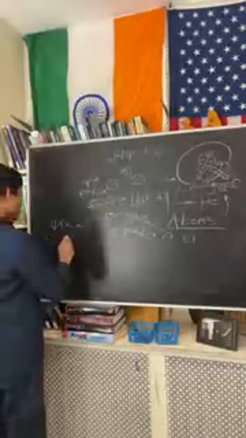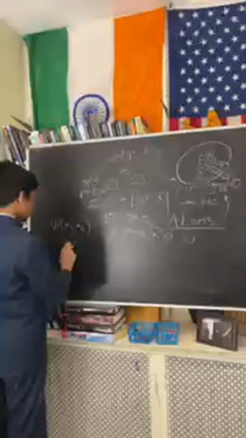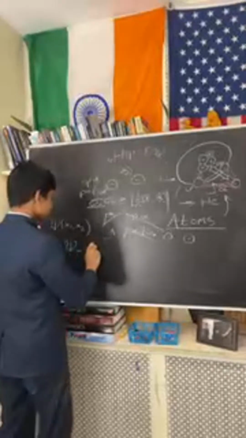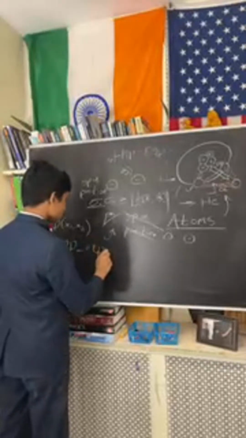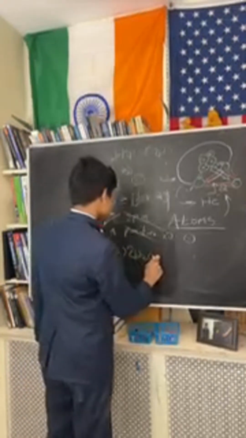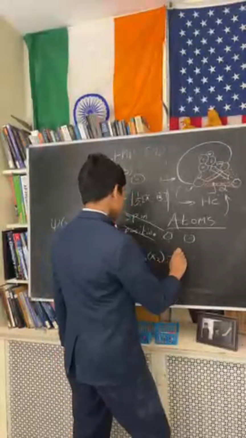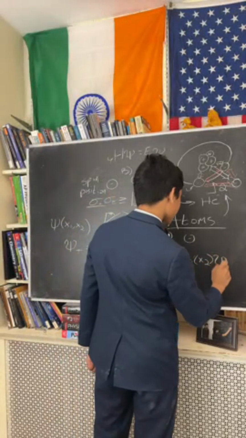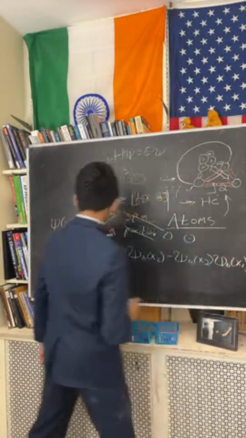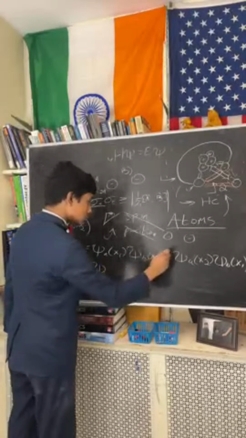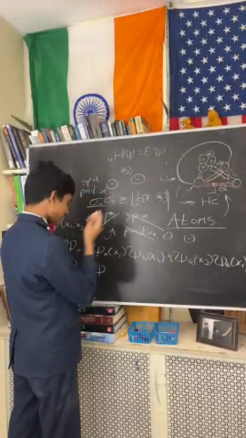So for bosons, you get psi plus, which is equal to psi a x1, psi b x2, minus psi a x2, psi b x1. Minus, you instead get, oh, why did I put a minus? Wrong.